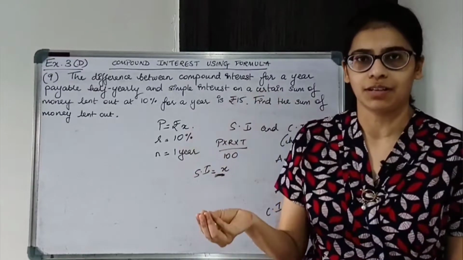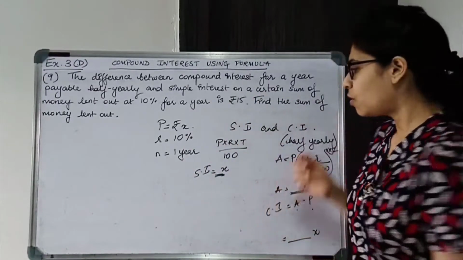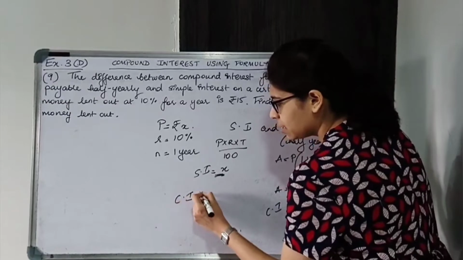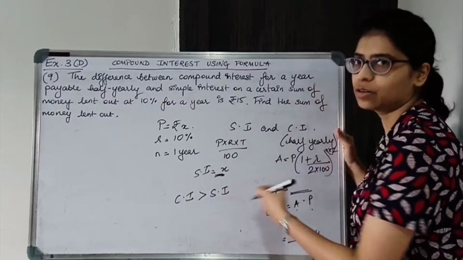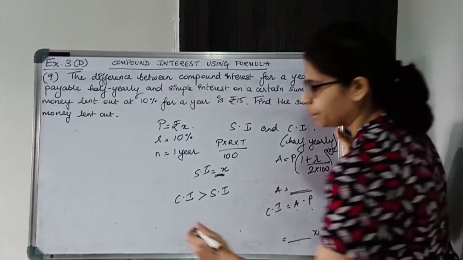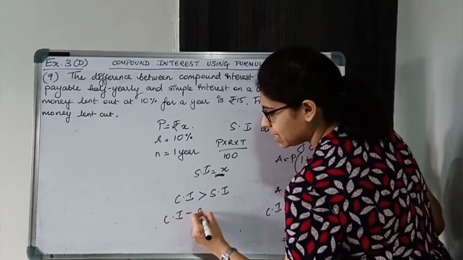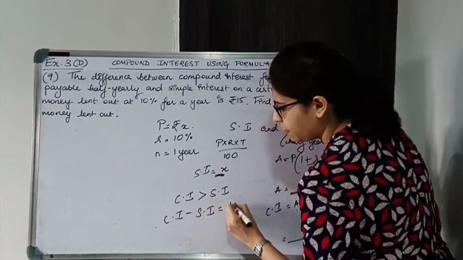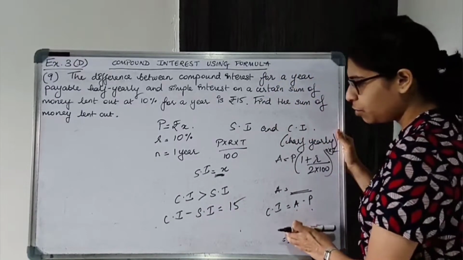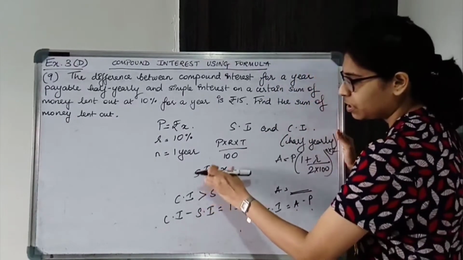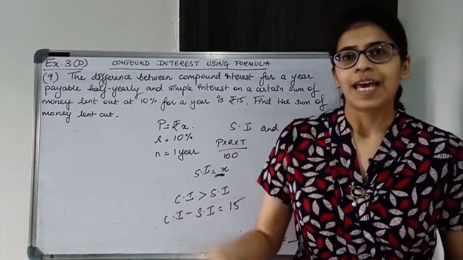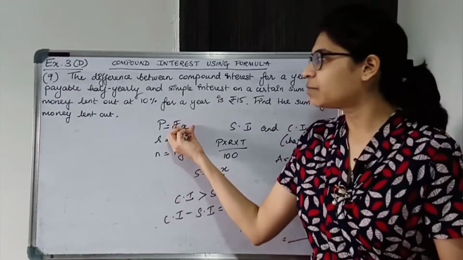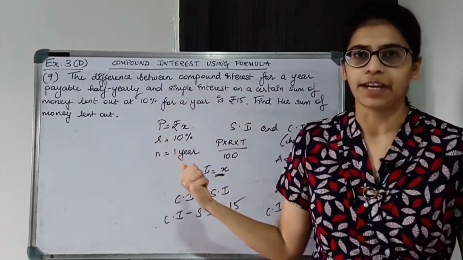So CI is greater than SI, that is, you will take CI minus SI, not SI minus CI. So CI minus SI is 15. Just substitute the values over here and solve. You will get the value of X.